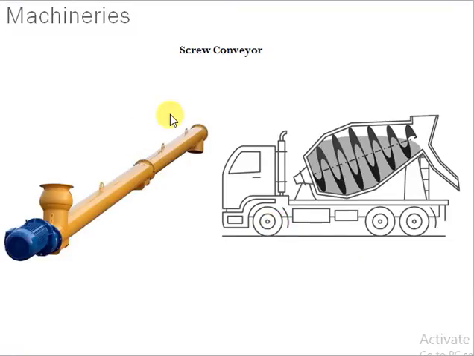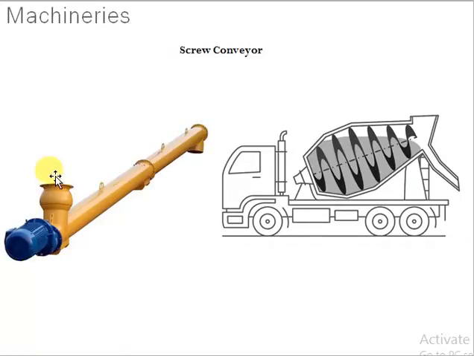Now, the screw conveyor is the most commonly used conveyor in our civil industry. This is a typical screw conveyor which is used in RMC plants to store cement, fly ash and microsilica in the silos. So what happens here? This pipe has a screw mechanism.